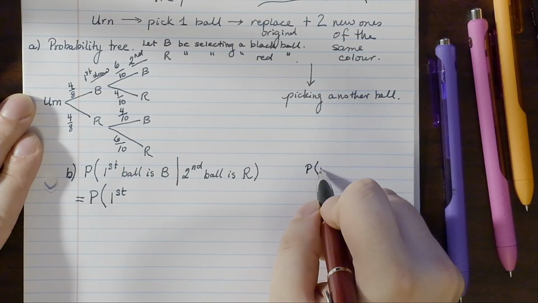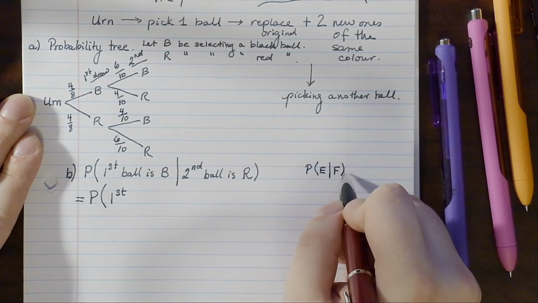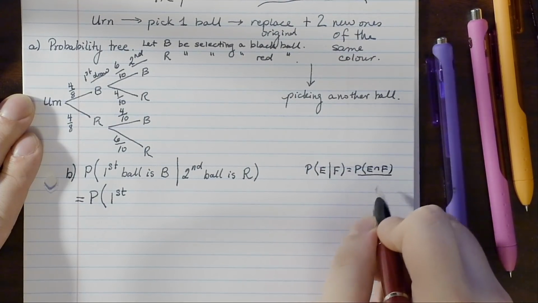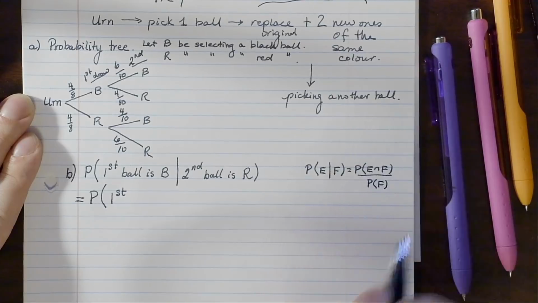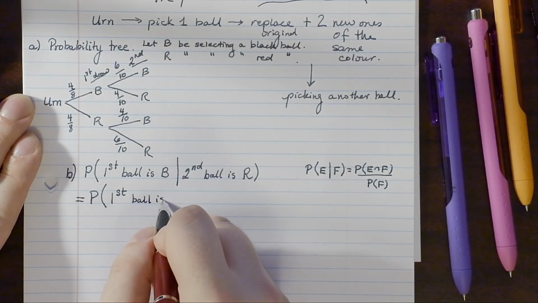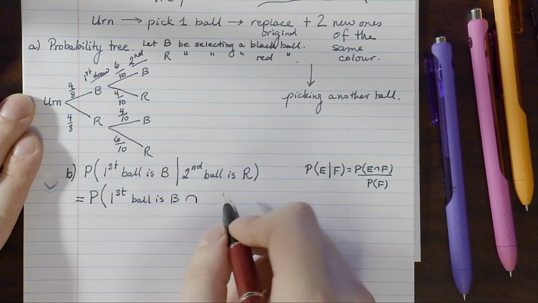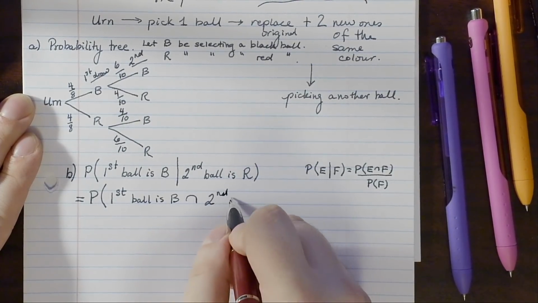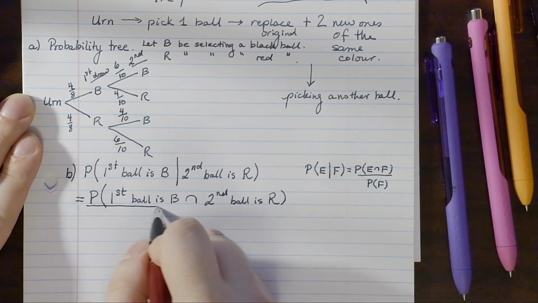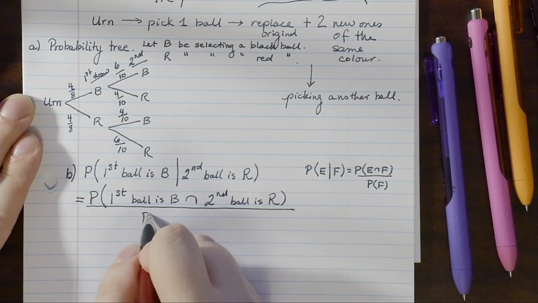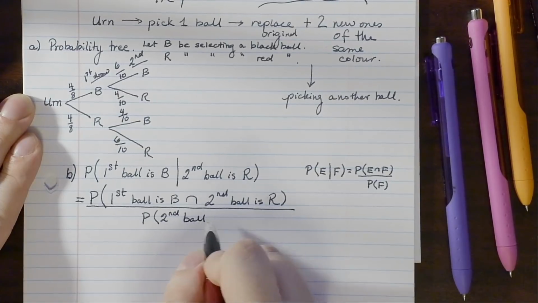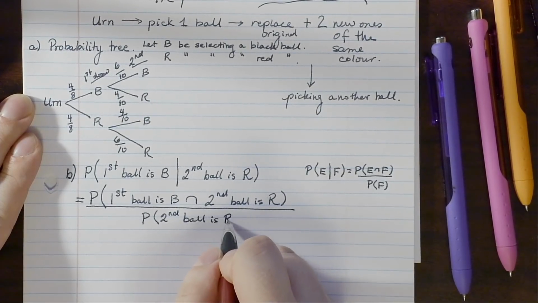E given F is equal to the probability of E and F happening over the probability of F. So just in words, I have the first ball is black and the second ball is red, all over the probability that the second ball is red.